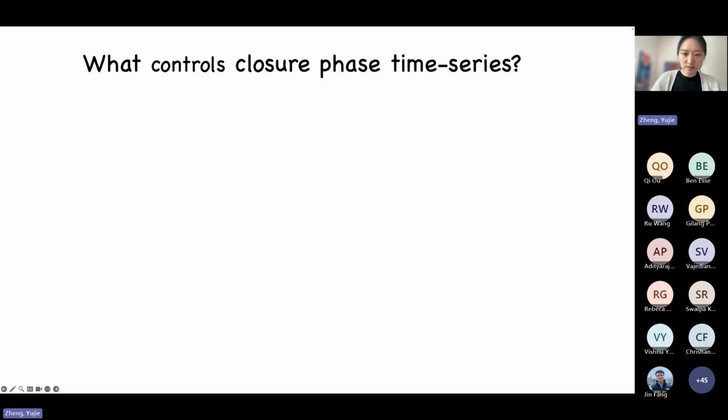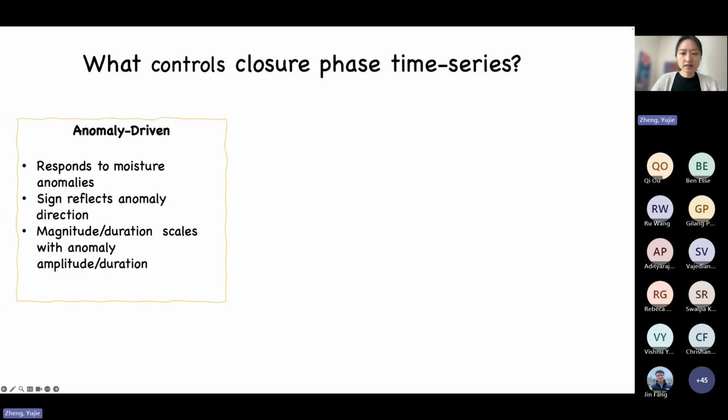Okay, so a quick summary of what we have learned so far from the forward simulation. First of all, we find that closure phase is sensitive to soil moisture anomalies, not absolute moisture. And the sign of the closure phase step changes reflects the direction of the anomaly, so that a positive soil moisture anomaly leads to positive step changes in the closure phase and vice versa. Also very importantly, we find that the magnitude and duration of the step change in the closure phase scales with the magnitude and duration of the soil moisture anomaly.